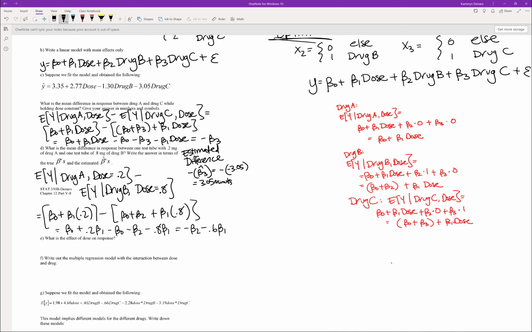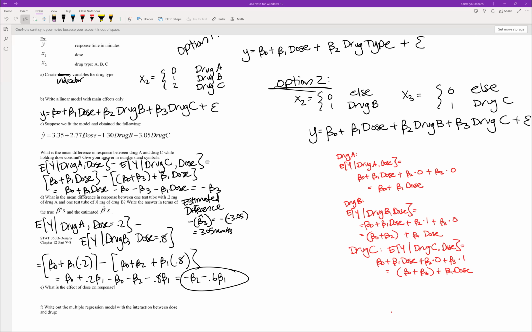Okay, so this is in terms of the betas. This is the true difference between those two groups. If I want this in terms of the beta hats, then I'm going to say, all right, so essentially, if you want to get the estimated difference, what you're going to do is you're going to plug in the estimates, okay?